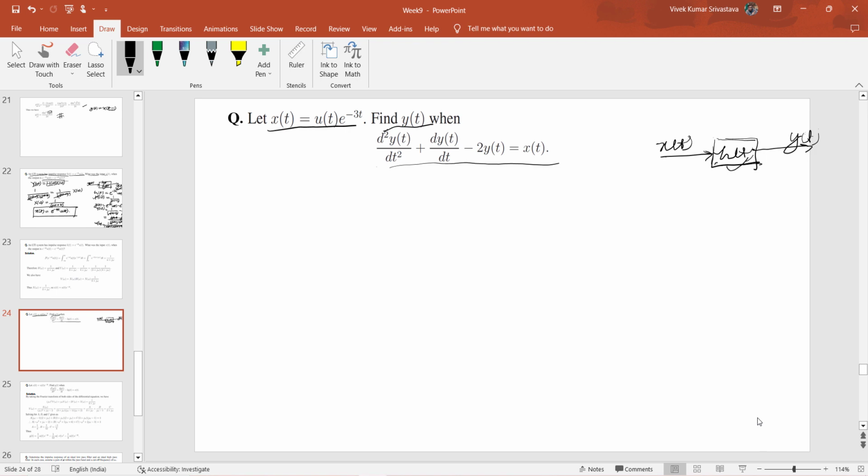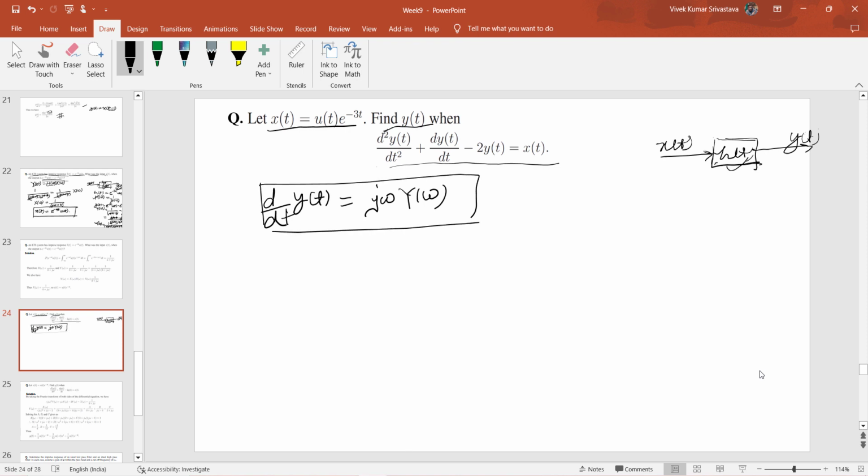As we know from the differentiation property of the Fourier transformation, d/dt of y(t) is defined as jω Y(ω) if all initial conditions are 0. By using this property we can solve this differential equation.